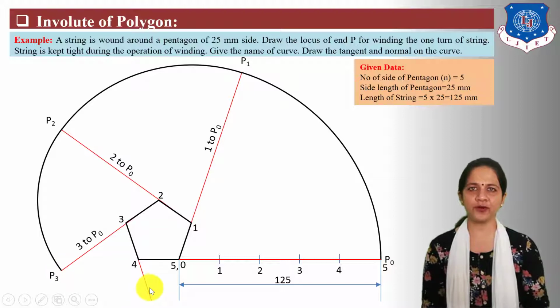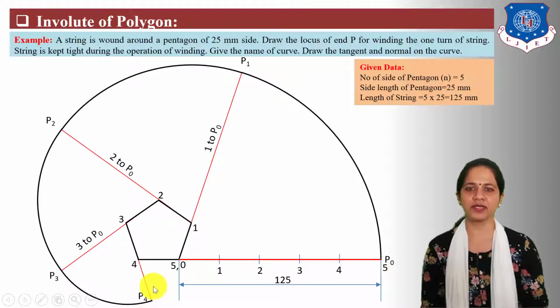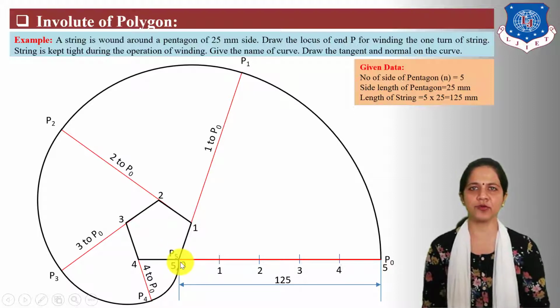Now for P4 locus point, take center 3 on the pentagon, radius 3P3 and draw an arc up to the fourth position of string. Mark here P4 locus point. The length of 4P4 is equal to 4P0. Next for P5 locus point, take center 4, radius 4P4 and draw an arc up to the fifth position of the pentagon and mark here P5 locus point.